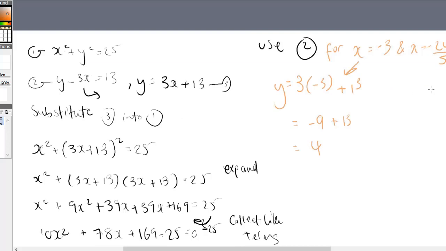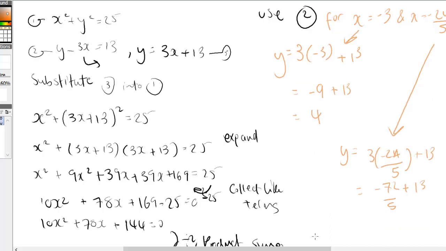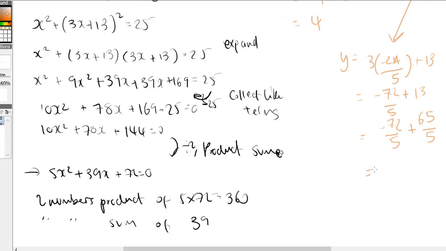And then for this one here, y equals 3 times minus 24 over 5, plus 13. So that equals minus 72 over 5 plus 13. Now if I convert 13 into a fraction, 65 over 5, I have minus 72 plus 65, which gives me minus 7 over 5.